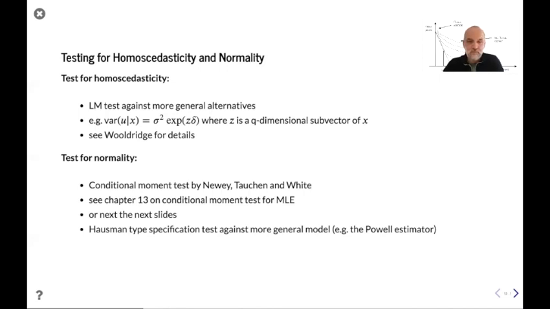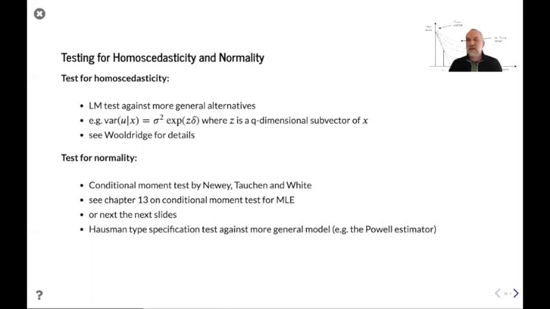Just a brief overview: you can test for homoscedasticity using a Lagrange multiplier test, or LM test, against more general alternatives. Essentially, this looks at the scores of the likelihood function, but I'm not going to spend so much time on that. You can even do a likelihood ratio test where you estimate the model under a more general specification.